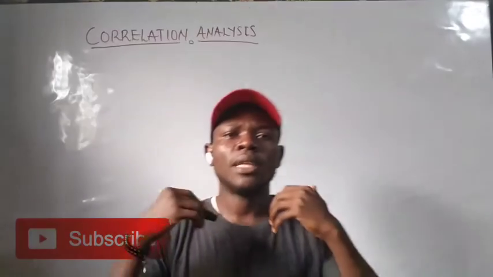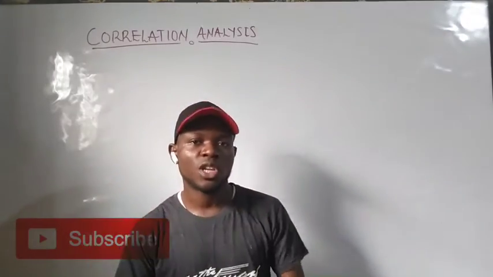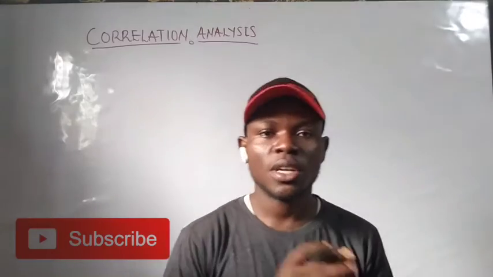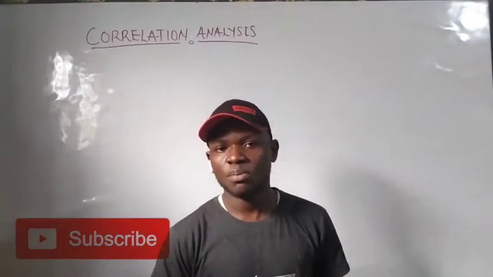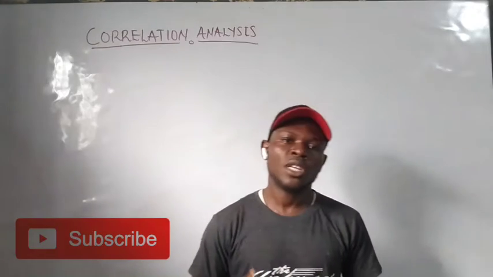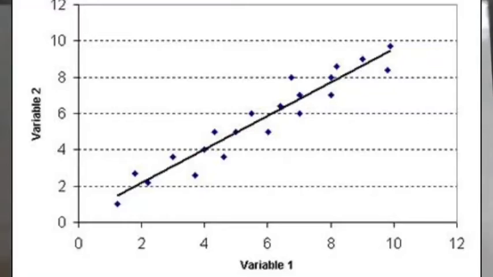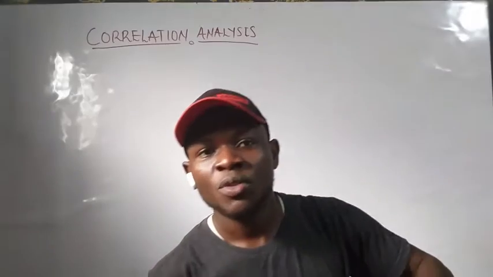Now there are types of correlation actually, and the types of correlation involve the positive and the negative correlation. Now, what do we call the positive correlation? The positive correlation talks about the direct relationship, in that when a particular variable, say x, is increasing, then y as well is also increasing.